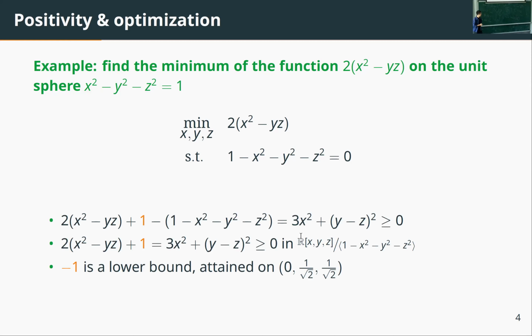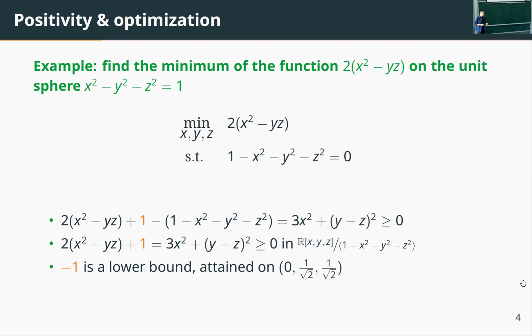If you do some calculation, you would know that this target function plus 1 minus the constraint can be written as the sum of squares of two polynomials, which is always positive. So in the language of this quotient ring, it means that the target function plus 1 is positive in this quotient ring, meaning that minus 1 is a lower bound.